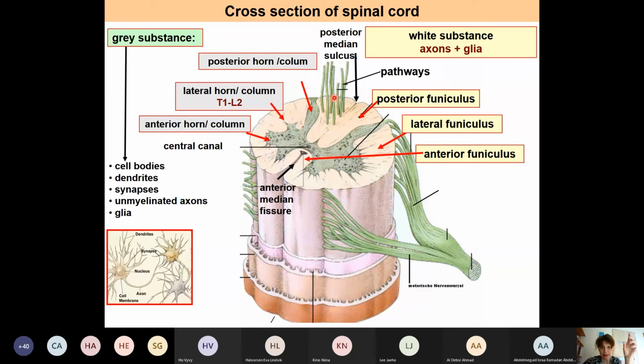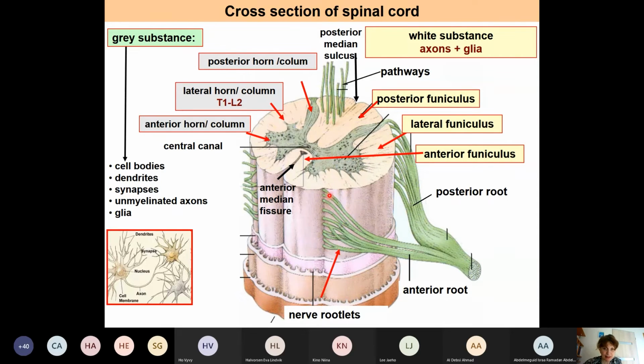Schematically you can see here ascending or descending pathways which are found in the funiculi, or the axons can exit the spinal cord, can leave the spinal cord, and you will also have axons entering the spinal cord. And these are the so-called rootlets.